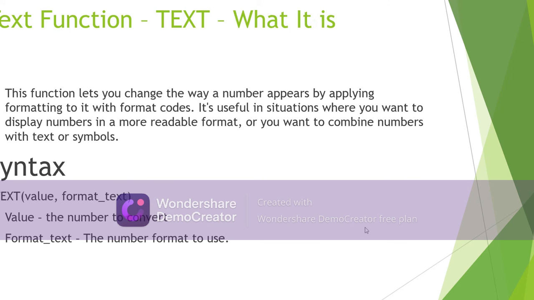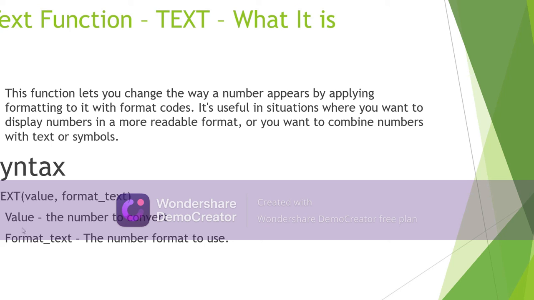So right here, this is another definition. This function lets you change the way a number appears by applying formatting to it with format codes. It's useful in situations where you want to display numbers in a more readable format and you want to combine numbers with text or symbols. The syntax for this text function goes as follows: equals text, and then you have the first and second argument.